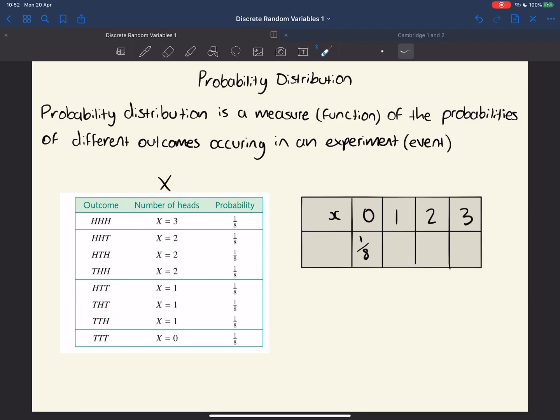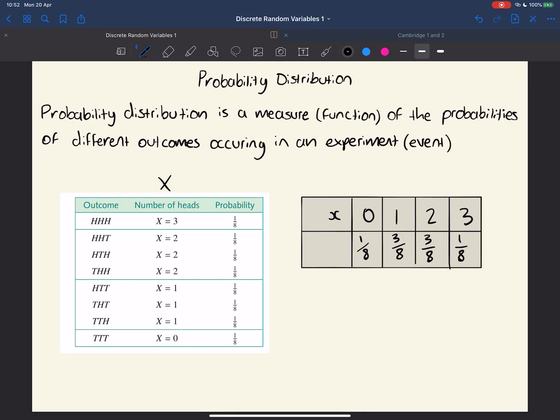How many of them exist where you could get one head? Well, there are 1, 2, 3 of them. So 1/8 plus another eighth plus another eighth is 3/8. Same with getting 2 heads. It's 3/8. And what about getting 3 heads? There's only one way you can get 3 heads, and so it's just 1/8.